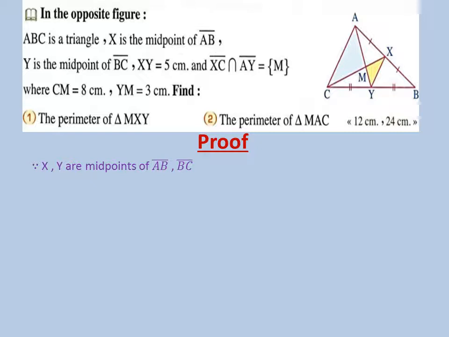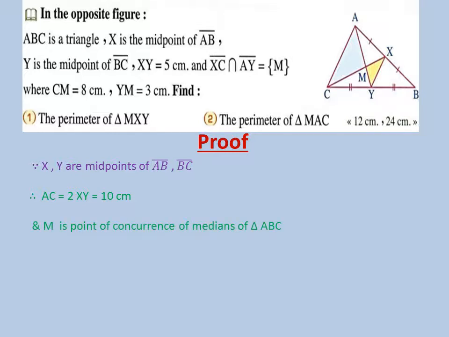So XY equals half AC. But I know XY. I want to find AC. So I can write AC equals twice XY, 2 by 5, which equals 10 centimeters.